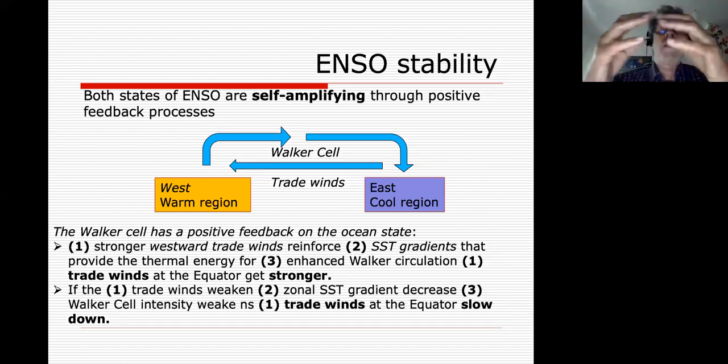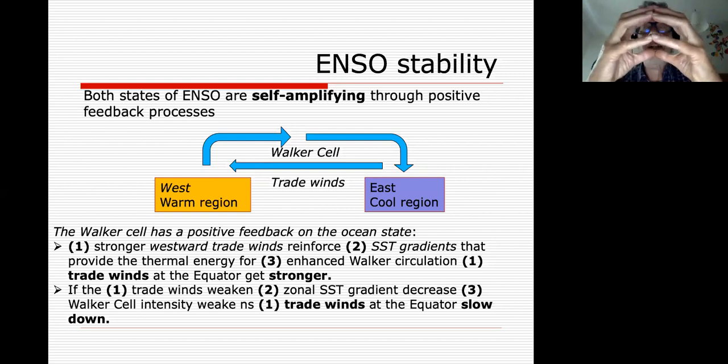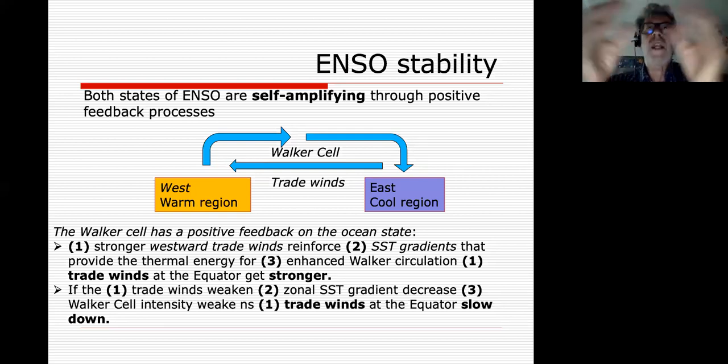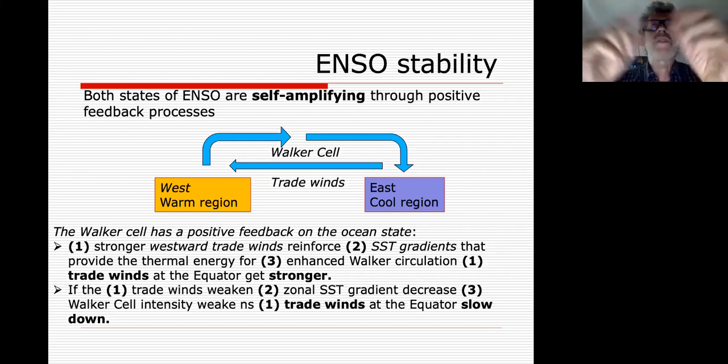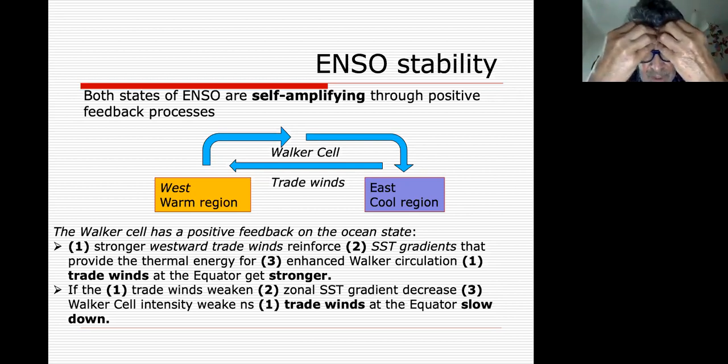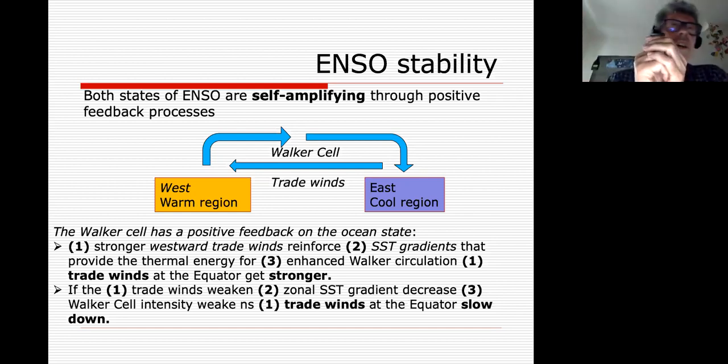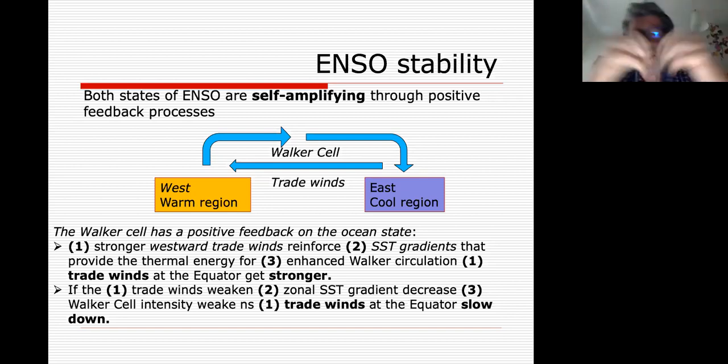This may also explain the fact that when El Niño is established, its duration is quite long compared to the seasonal variability, which is the general mode of variability also in the tropics, and the same for La Niña. And what is the mechanism?